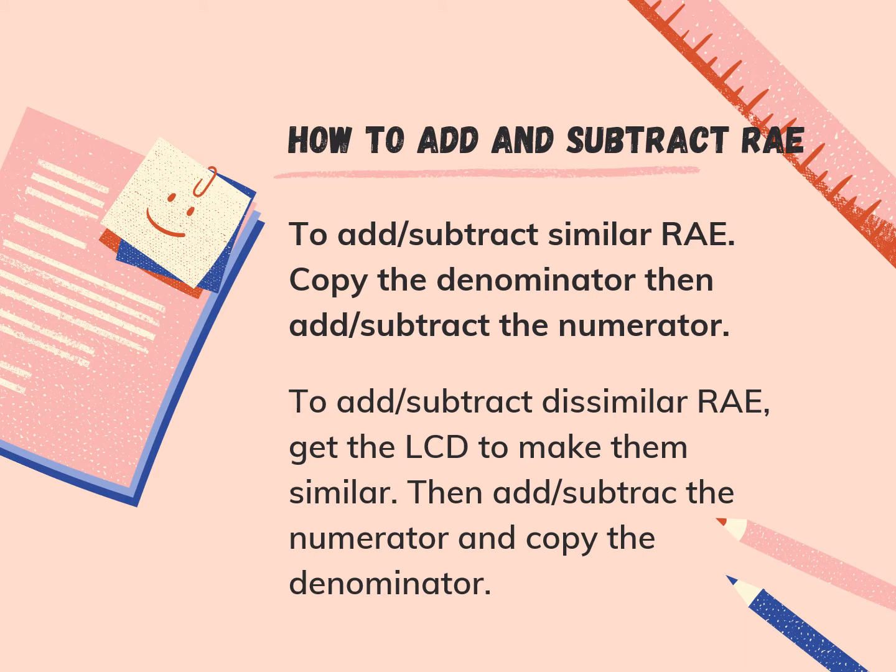And if they are dissimilar, just like how we add dissimilar fractions, you get the LCD, because our goal is to make them similar so we can apply the adding and subtracting of similar rational algebraic expressions. You can also apply other techniques on how to add and subtract fractions here. So, let's see.